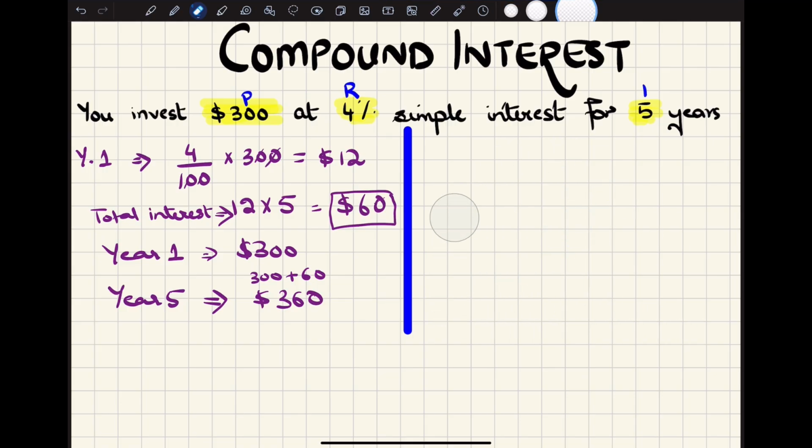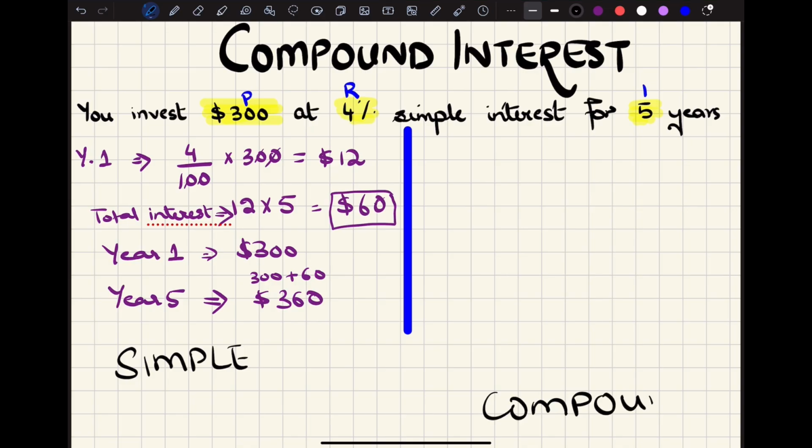So this is simple interest. Here we are going to compare it with compound interest. Let's use a different color. So year one is going to be the same. So when compound interest is earned, the amount of interest is different each year. Why? Let's see.